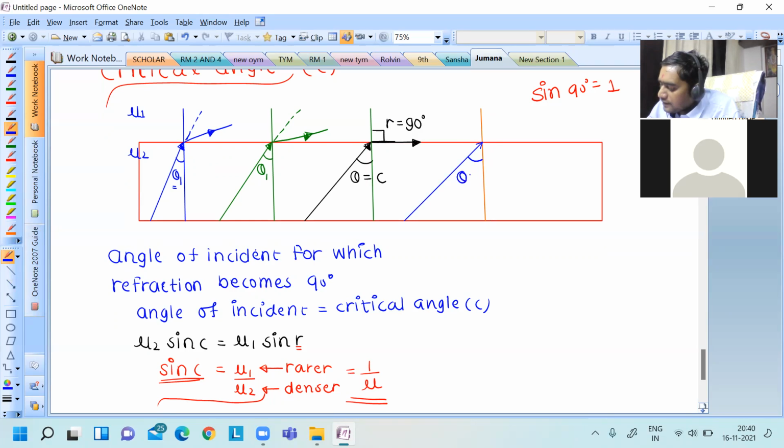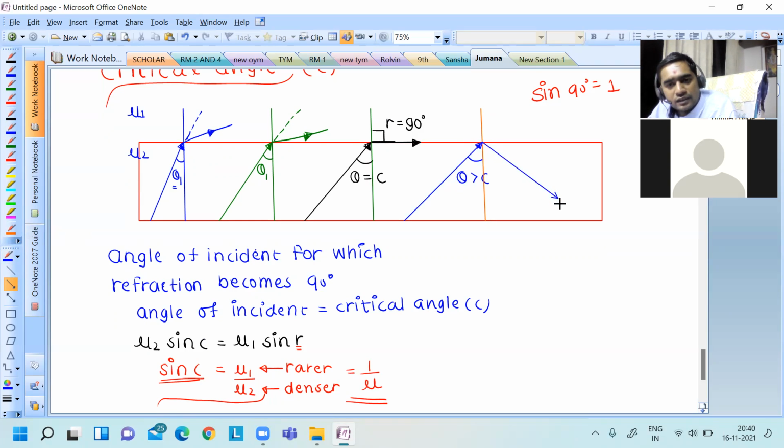Now if my incident angle is greater than the critical angle, like if the critical angle is 30 degrees, then my incident angle can be 31 degrees, 35 degrees, 40 degrees, like that. At that time, the total light is reflected back.